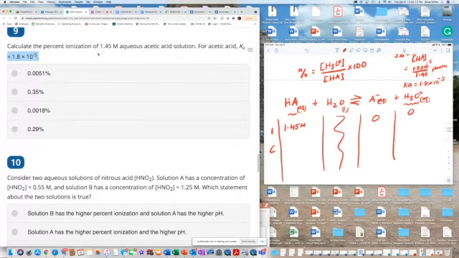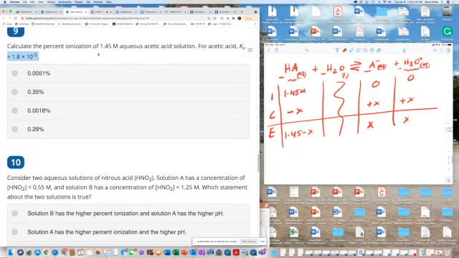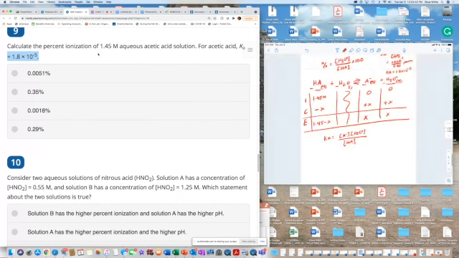This is initial, change, equilibrium. Negative x, right, because it's 1, 1, 1, 1, plus x, add these two, 1.45 minus x, x, x, okay. Ka is A minus H3O plus over HA. At equilibrium, put all the equilibrium numbers.